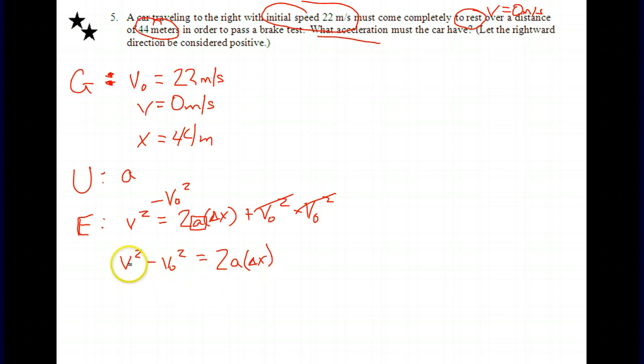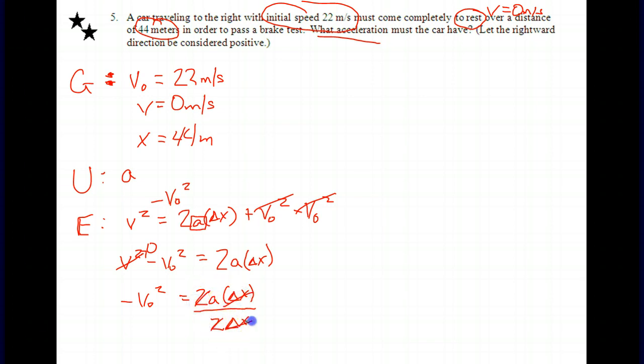So we know that the final velocity is 0, so we're just going to get rid of that now. So that gives us negative initial velocity squared is equal to 2a change in displacement. So the next thing that we want to do is get rid of the 2 and the change in displacement. 2 here cancels out the 2 up here.